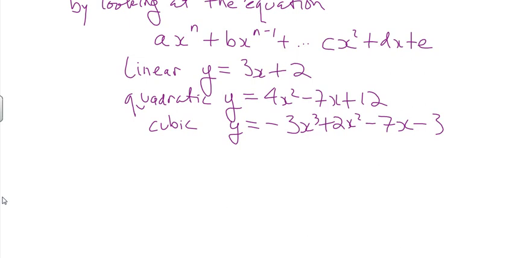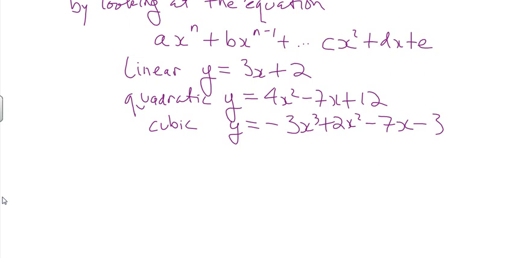What else? Number of x-intercepts. So how would you figure out how many x-intercepts this one had? Graph it, right? That's all you can do. Now we know that it must have at least how many? A cubic has to have at least how many? Yeah, but at least how many? At least one, okay? Or it can have 2 or 3.